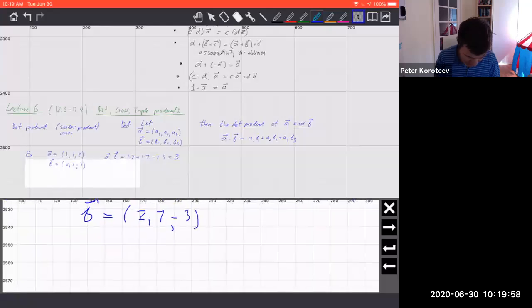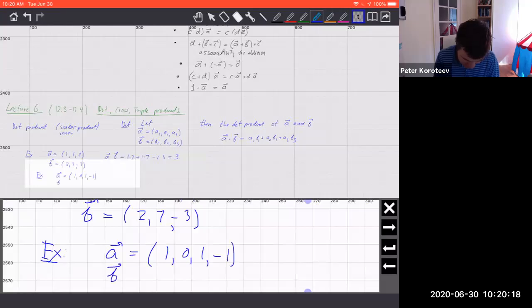Okay, let's do one more example, just for fun. Let me give you a vector in a different space, right? It's in four-dimensional space. So A is four numbers: 1, 0, 1, -1, and vector B is 0, 1, 1, 1.